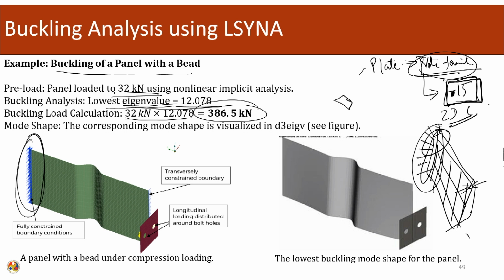It means that it can go in this direction, but it cannot move in the other direction. The horizontal this way and the vertical this way are restrained, but it can move inside. So, fully constrained and transversely constrained.